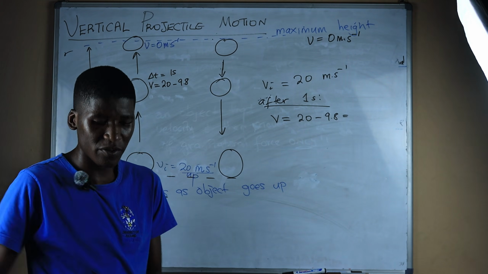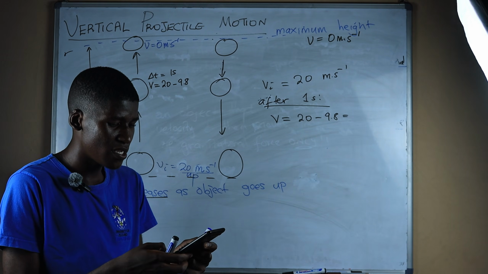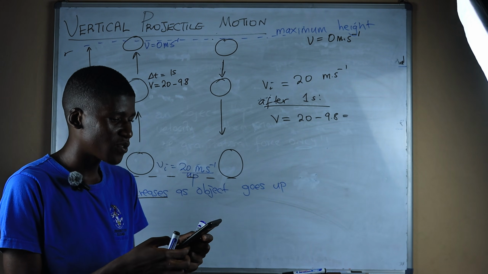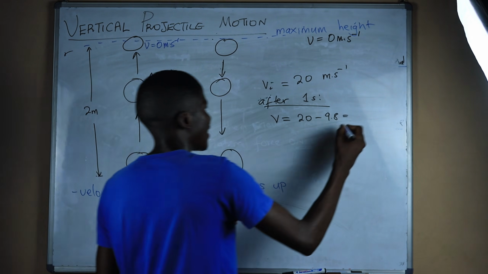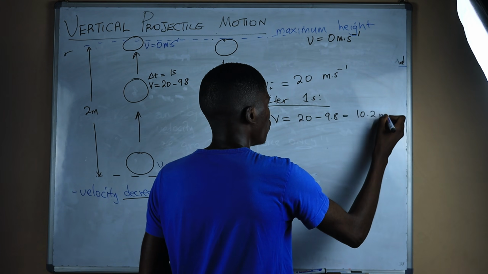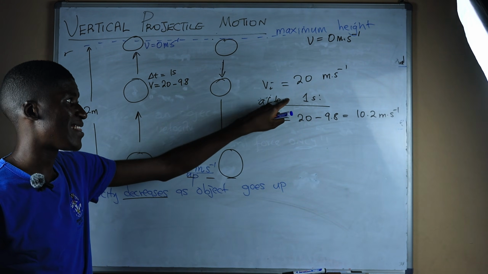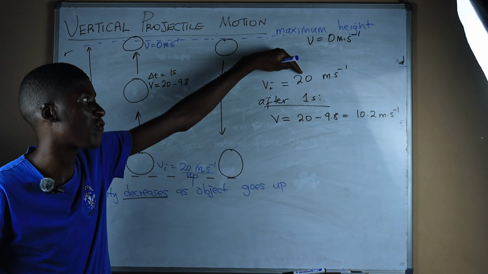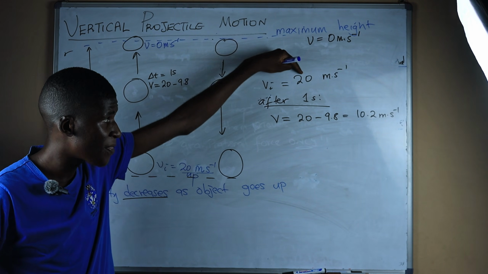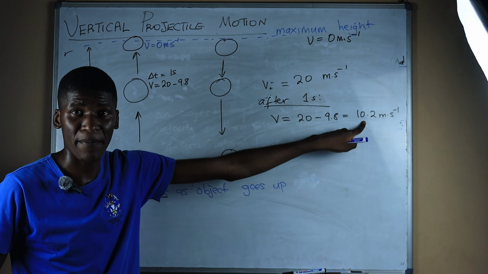And if you take your calculator and punch that in, 20 minus 9.8 is going to give you 10.2 meters per second. So it means that after 1 second, the ball has changed its velocity from 20 meters per second up to 10.2 meters per second up.